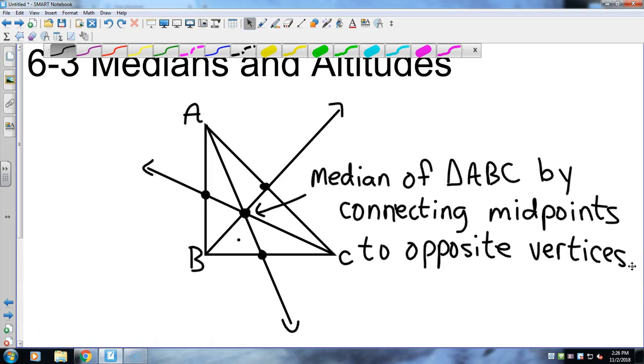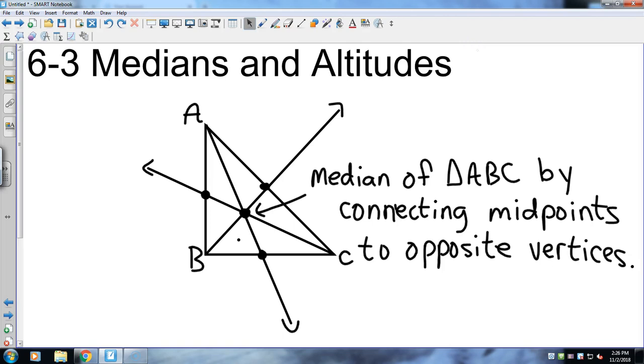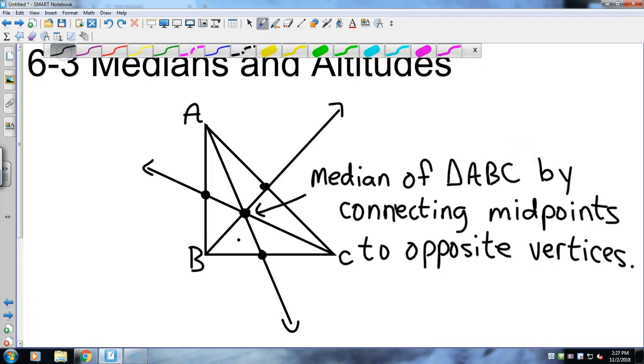As I look at that, my English is horrible. Probably I should write just a little bit better. The median, and I know I said it a little bit differently as I was doing it, but the median of triangle ABC is found by connecting the midpoints to their opposite vertices.